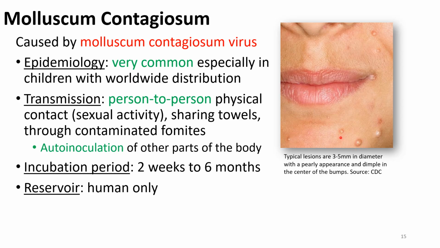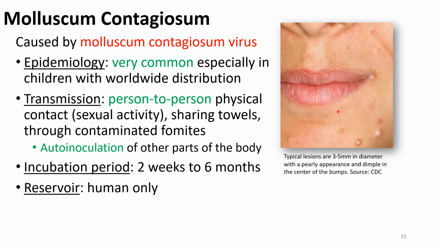These lesions are usually 3 to 5 millimeters in diameter. They have a pearl-like appearance, and there is a dimple in the center of the bump. Once these bumps or lesions are gone, then the virus is no longer there.